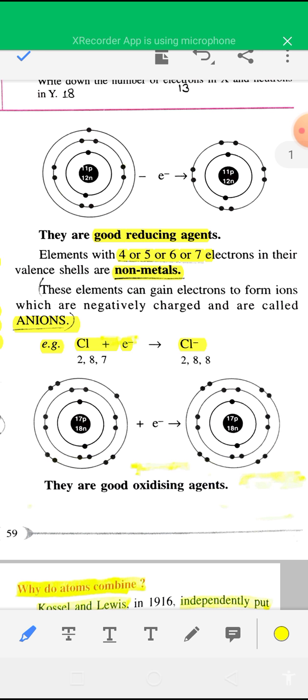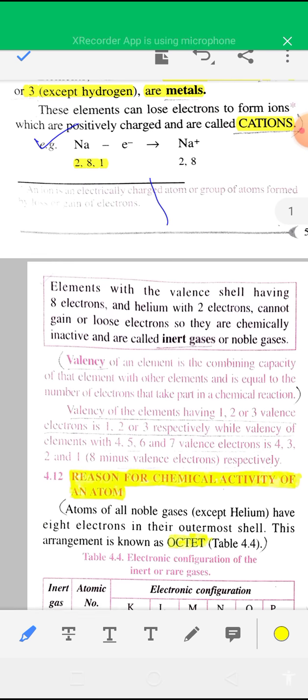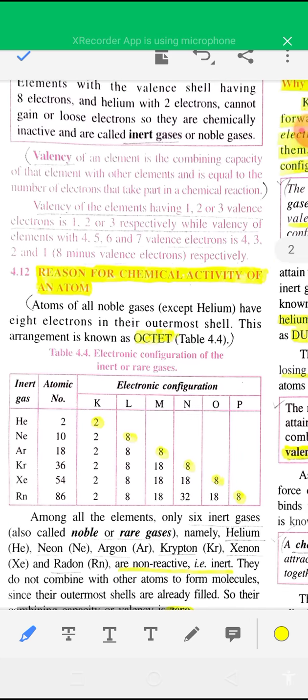So non-metals are good oxidizing agents because they can accept electrons more easily, and metals can donate or lose electrons more easily. Okay, so metals are reducing agents and non-metals are oxidizing agents.